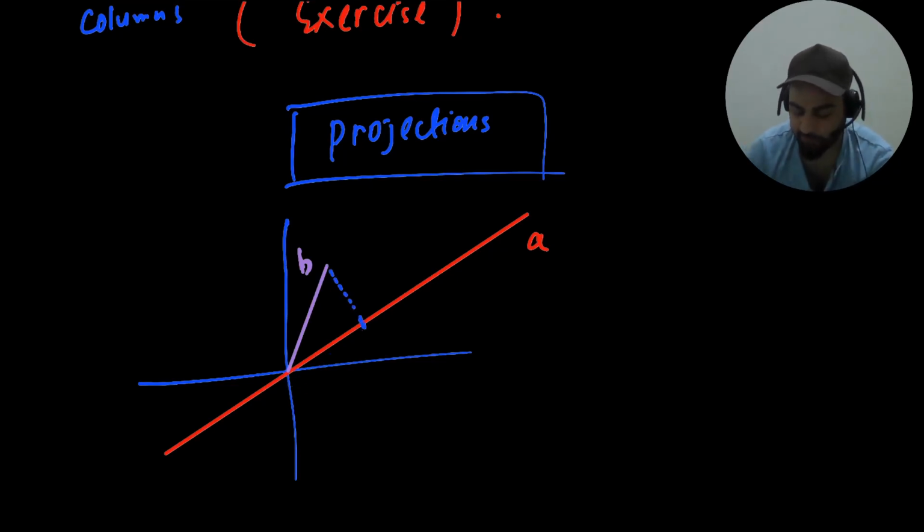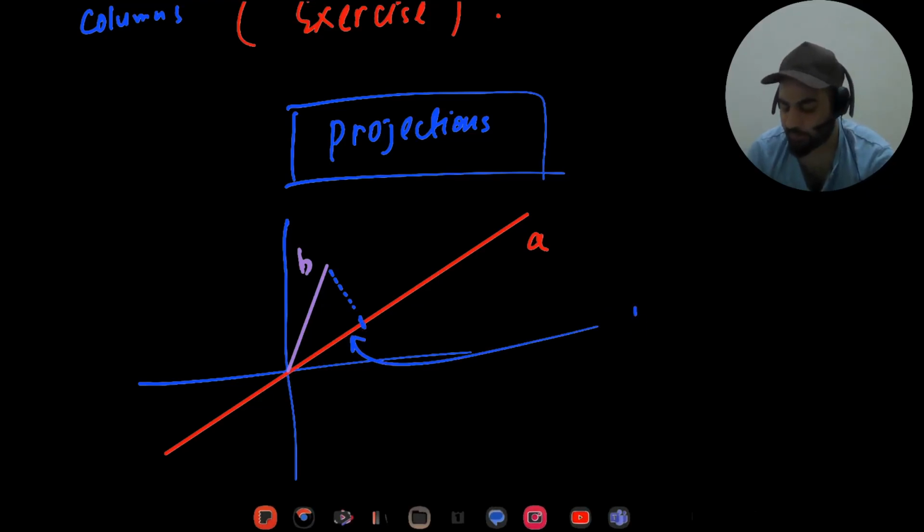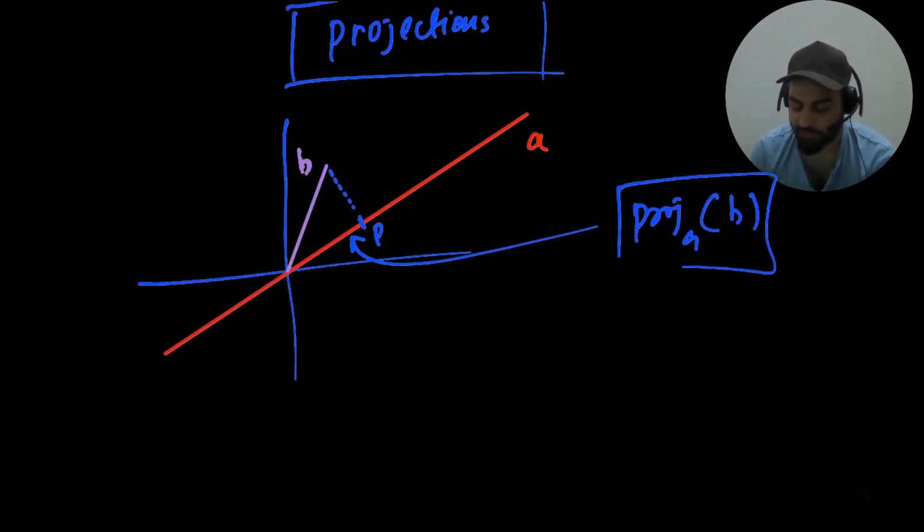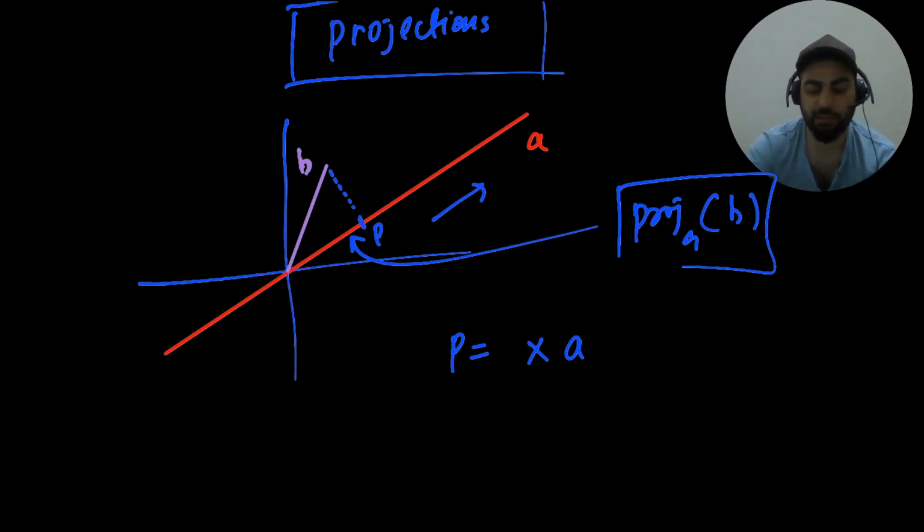So this part over here is called the projection of B onto A. Let's suppose this projection is point P. This is the projection point P. So how can I write the projection? The projection is basically some x multiplied by A, because it's in the direction of A, so it will be some multiple of A. Are you okay with this? Is it clear? Yes, sir.